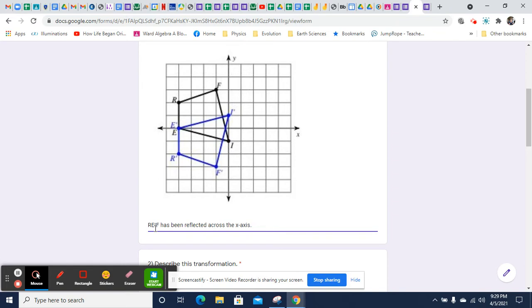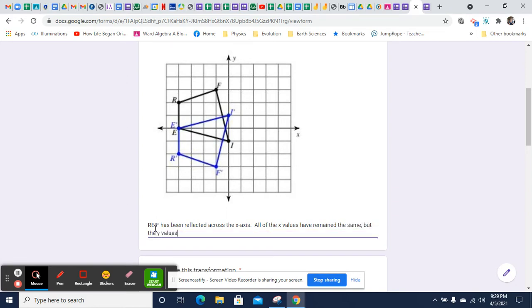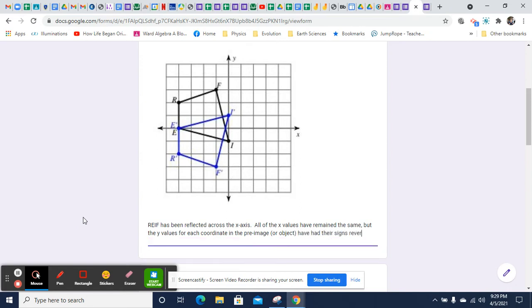Okay. Furthermore, I would say that all of the x values have remained the same, but the y values for each coordinate in the pre-image or object have had their signs reversed in the image, with the exception, of course, of this point here, since the opposite of 0 is 0.